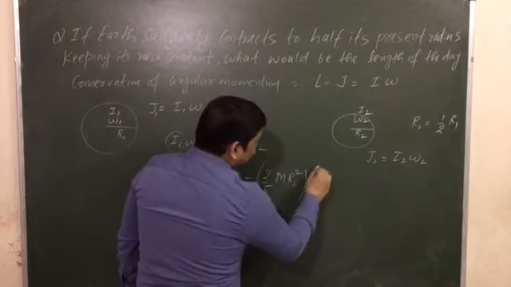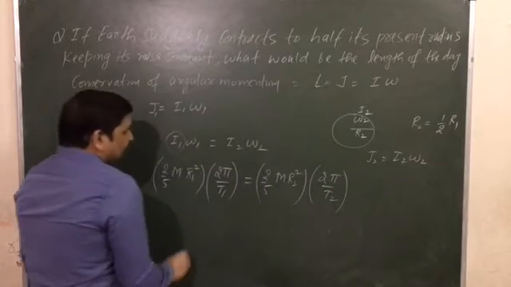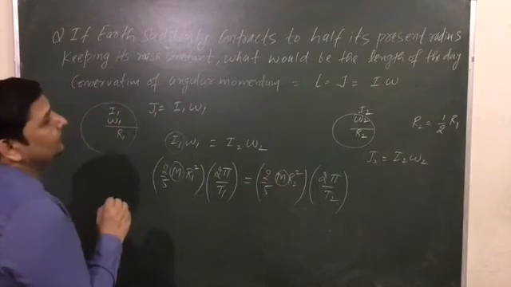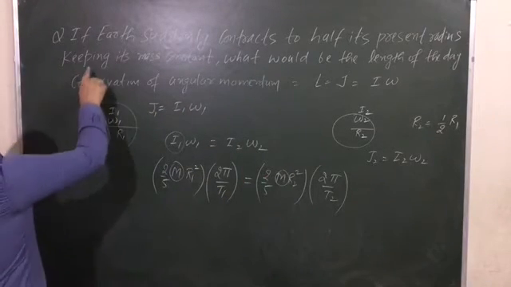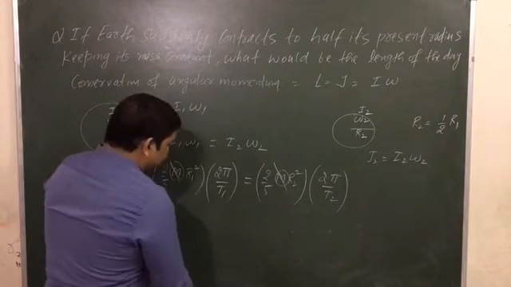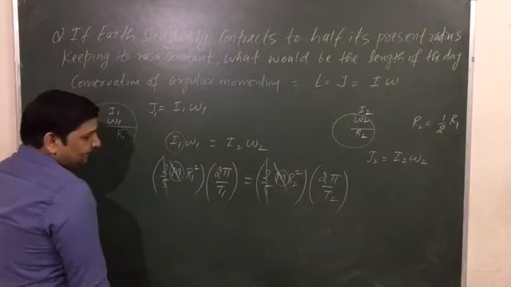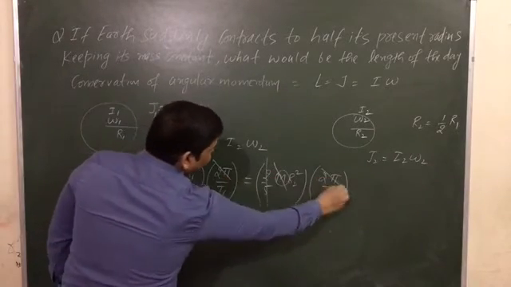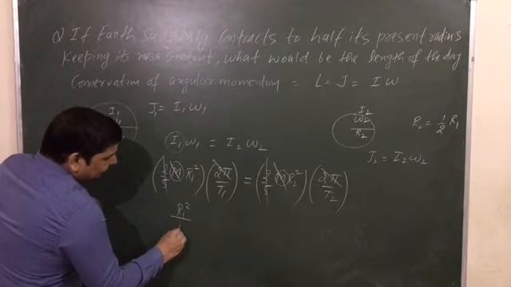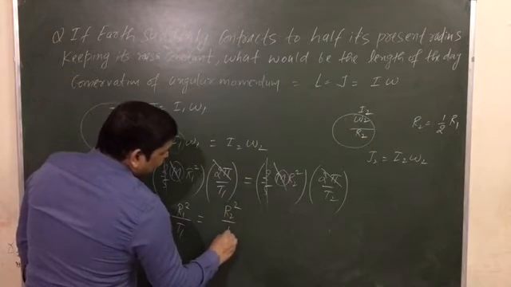Omega 2 is given by 2 pi divided by T2. Mass is constant, keeping its mass constant. Therefore, m cancels out, 2 by 5 cancels out, 2 pi cancels out. R1 square by T1 will be equal to R2 square by T2.